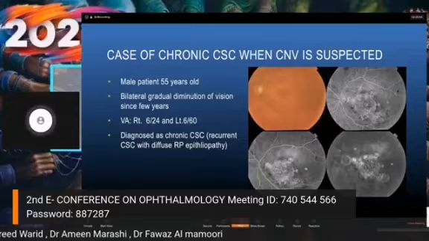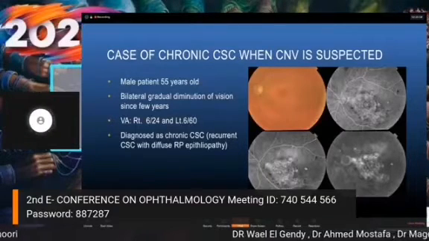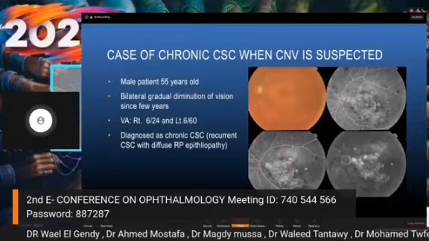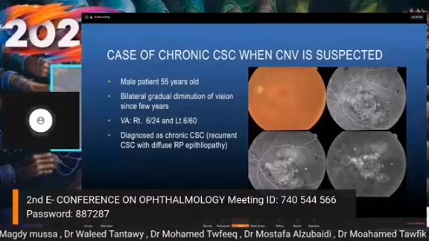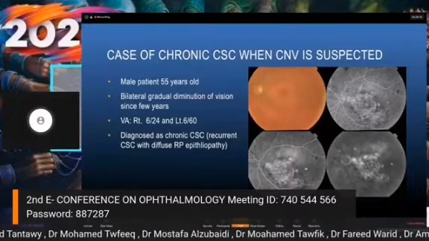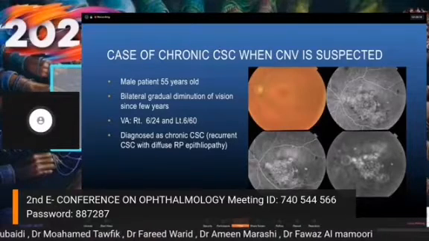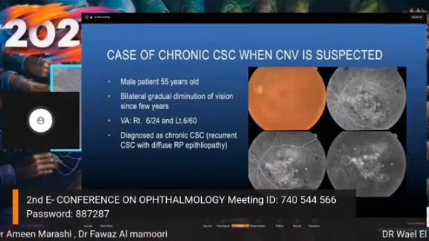In cases of chronic CSC, where everything is destroyed, we call it sick RPE syndrome or diffuse pigment epitheliopathy, with multiple points of leak. The patient had chronic CSR years ago and suffers from diminution of vision every now and then. When we look at this, we will never be able to tell if this patient is harboring CNV or not, except if we do an OCTA like this.